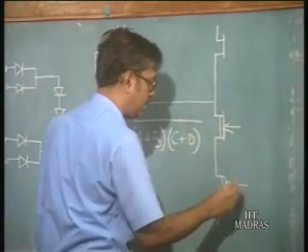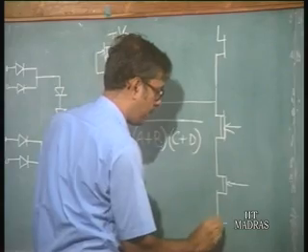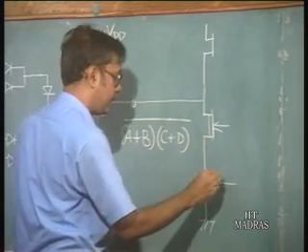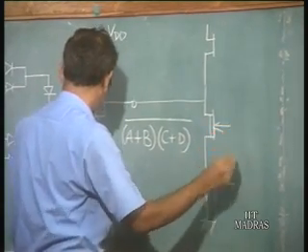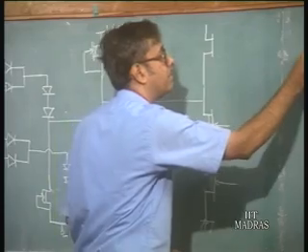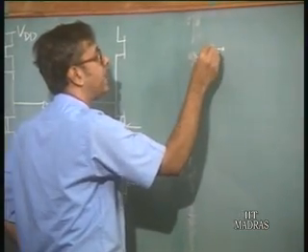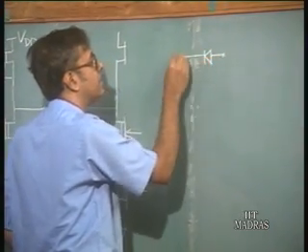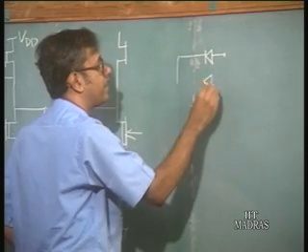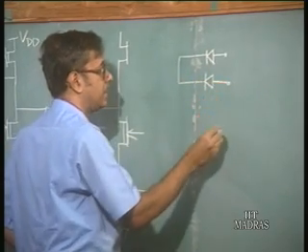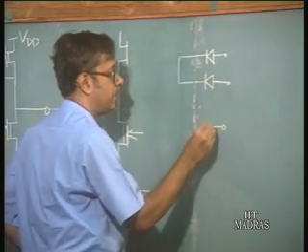So this is another set of depletion mode transistors, and again you have 4 more inputs, say this is one, another input here, you have 2 more inputs here.